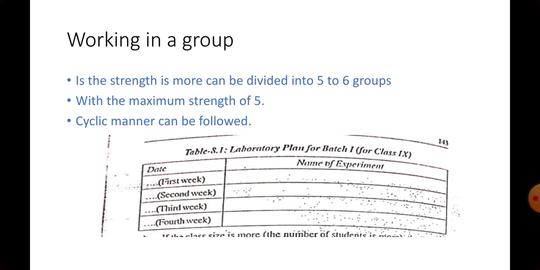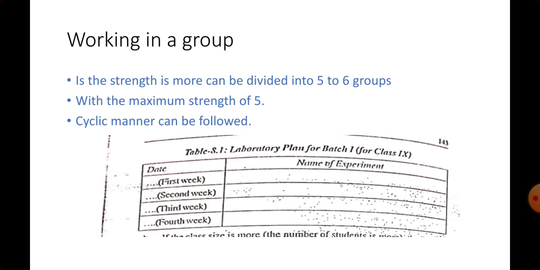If the strength is more, we have to follow a cyclic manner to do the experiments in the mathematics lab, and the following tables can be used to record the details of the groups or the students doing the practicals.